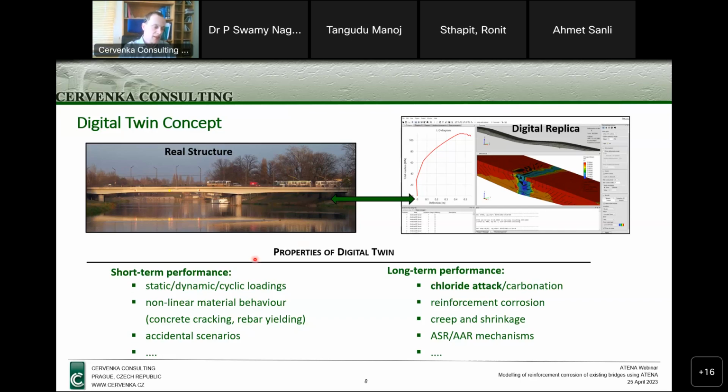So basically, we are moving from evaluating the short-term behavior, as it can be either from static or dynamic or cyclic loads, to the long-term performance.